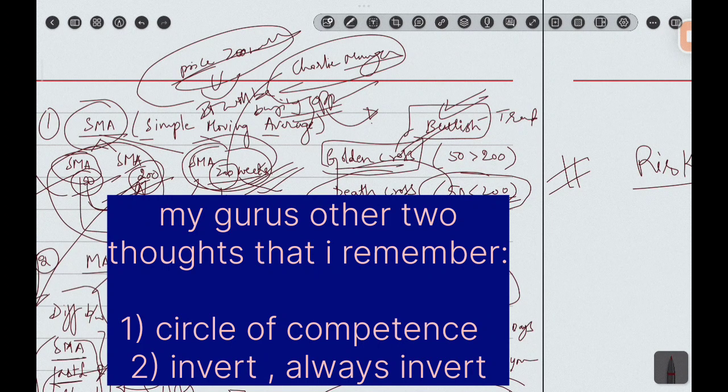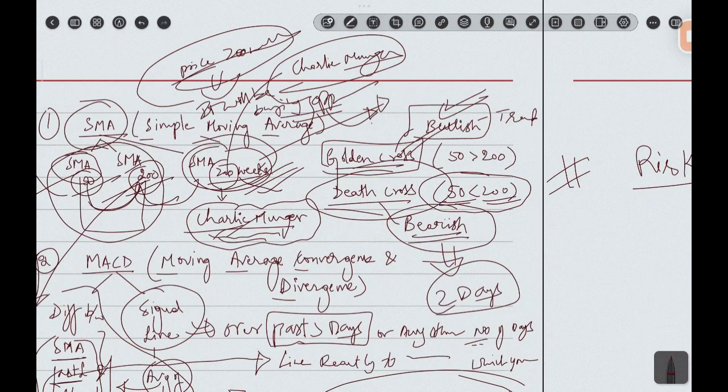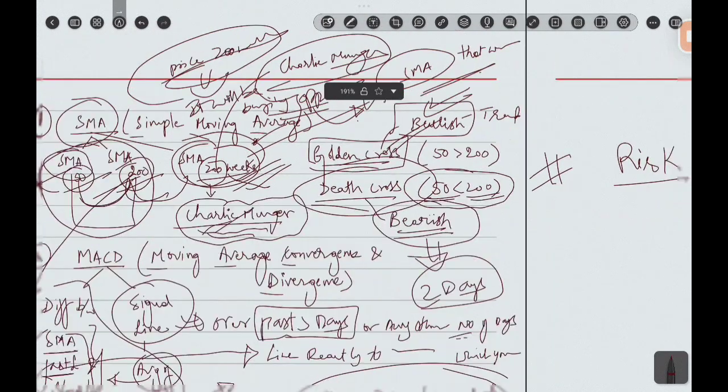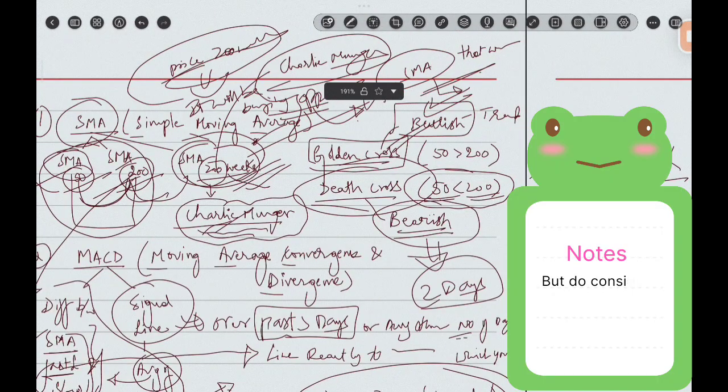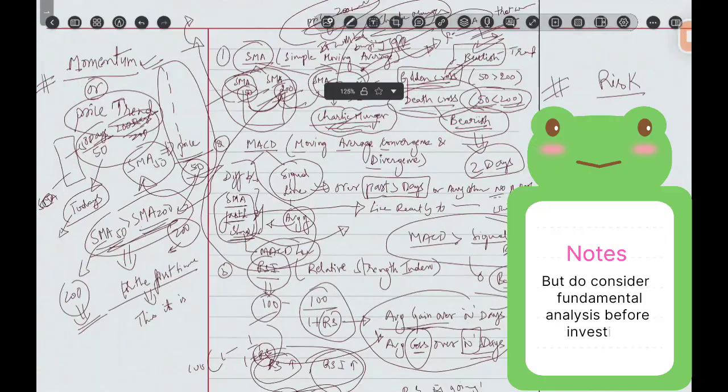In this, if the price of the stock ever decreases below this SMA 200 week, then that will be a buying opportunity. Every dip will be a buying opportunity.